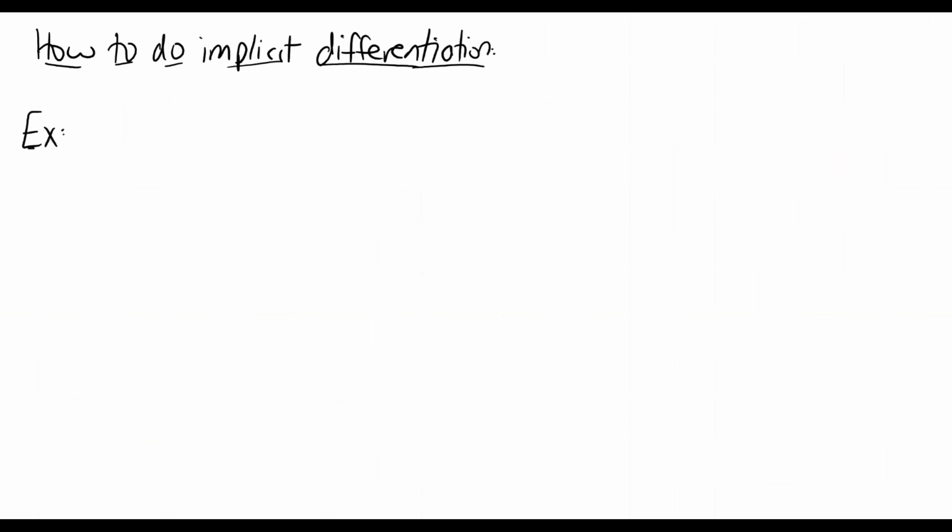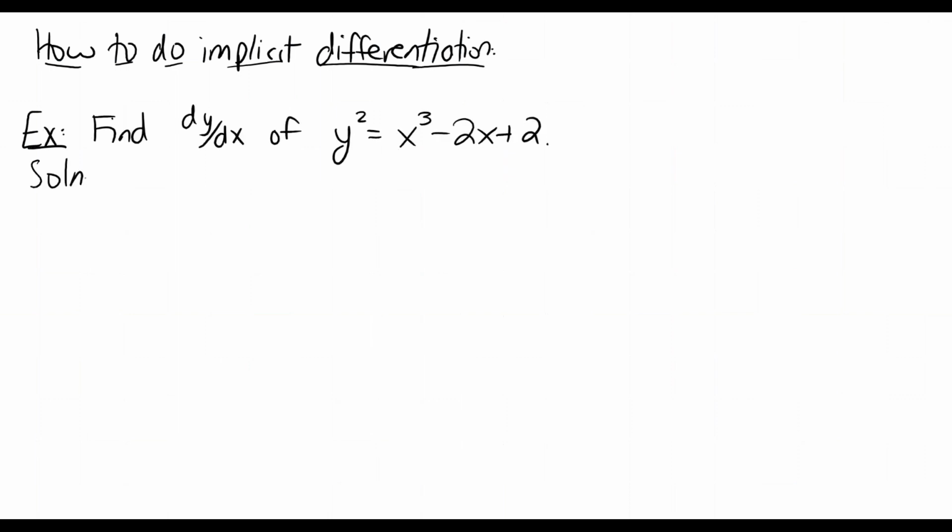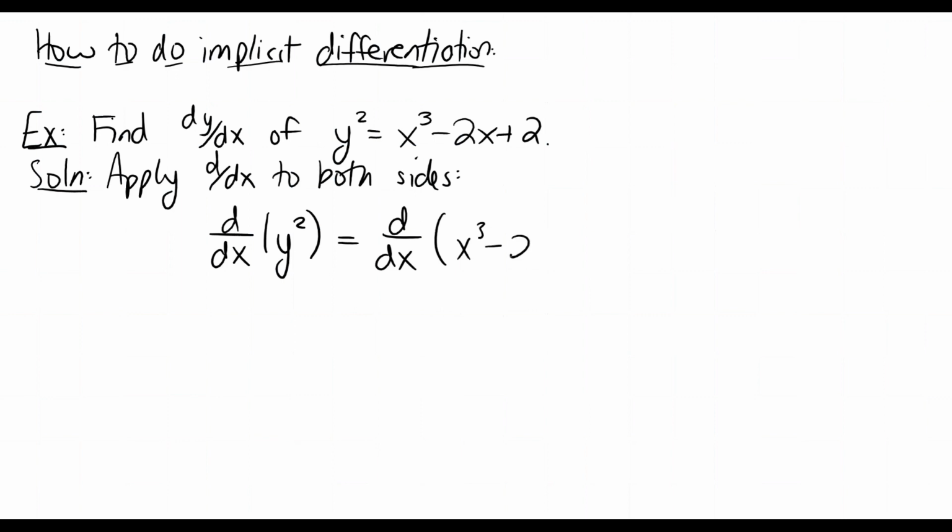So let's suppose we want to find dy dx of y squared equals x cubed minus 2x plus 2. What we do is just like what we did in the first example. We apply d dx to both sides of this equation. On the right-hand side, this is easy. By the power rule, this is just 3x squared minus 2. On the left side, since y is a function of x, we have a function of x squared.